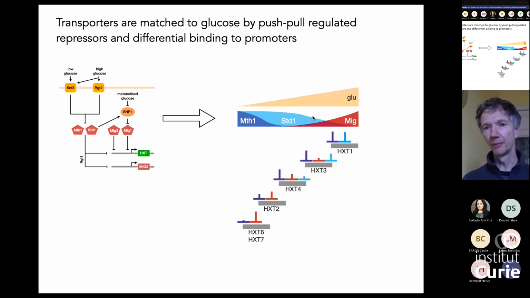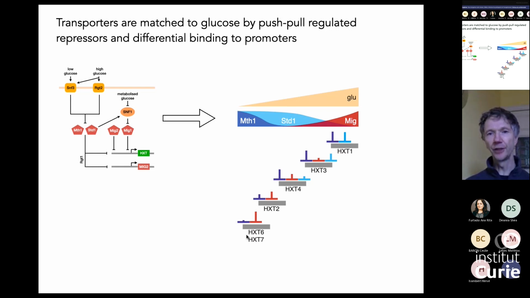STD1 also falls, but at higher concentration of glucose than MTH1, whereas MIG1 and MIG2 have the opposite type of behavior, where their activity is highest when glucose is highest and falls as glucose decreases. So we have these two opposing types of repressors. One pair is best at low glucose and falls as glucose gets higher, and the other pair is most active at high glucose and falls in the other direction. So given this setup, the way the promoters are constructed is quite intuitive to try and ensure that you get the transporters put in the right places.